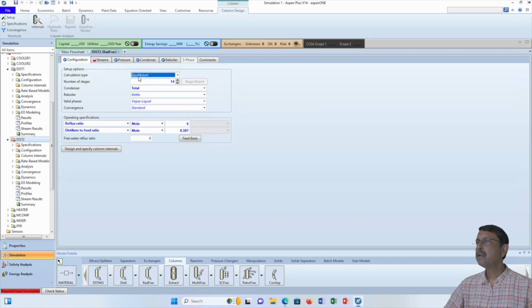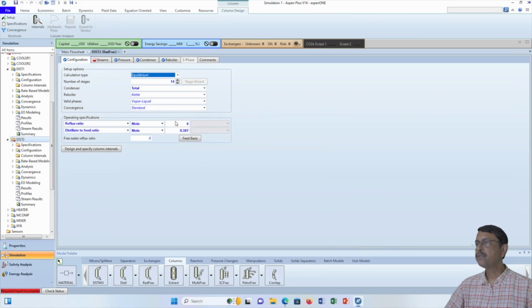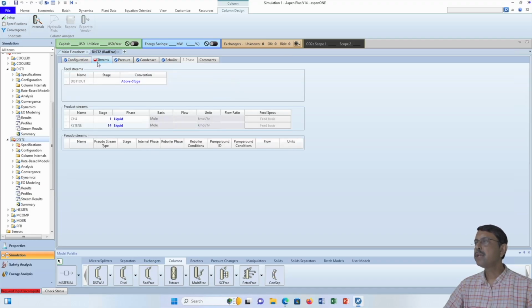And then we have to change certain things. First is the reflux ratio. It is 4, right? Yeah, reflux ratio 4, distillate to feed ratio 0.5. So we'll write here 4. This one is 0.5. Then go to the stream.